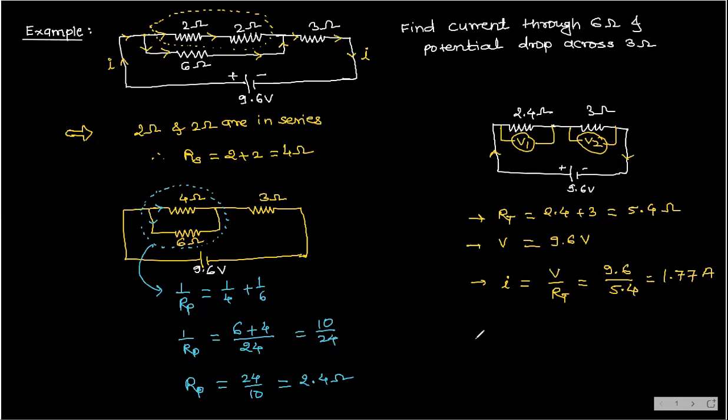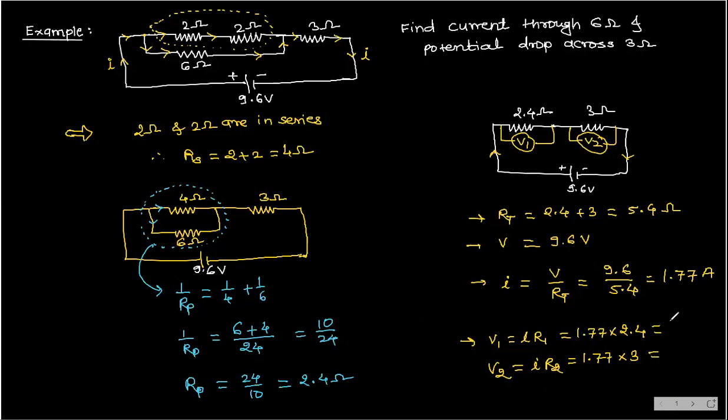Okay, we got the current. Now V1 is equal to I into R1, so this is 1.77 into 2.4. And V2 means I into R2, which is equal to 1.77 into 3.